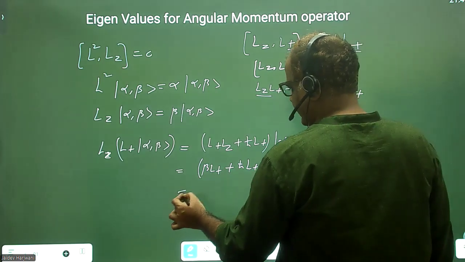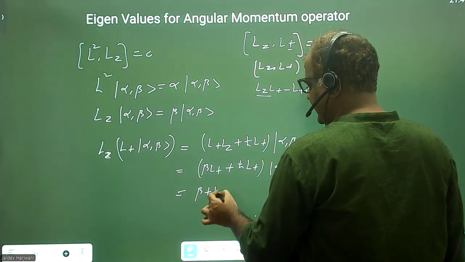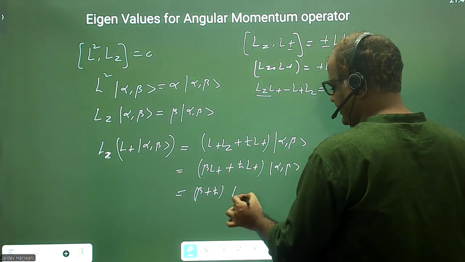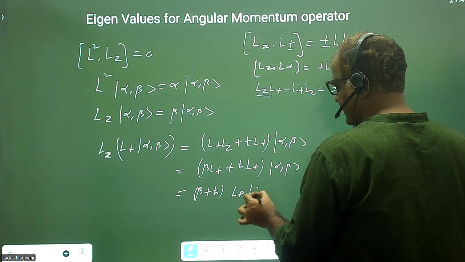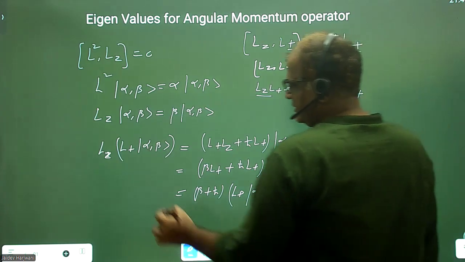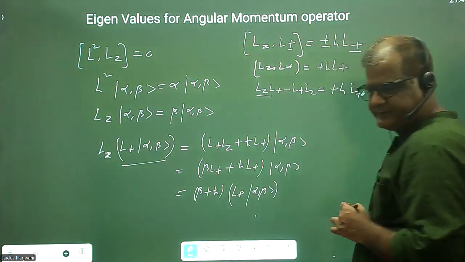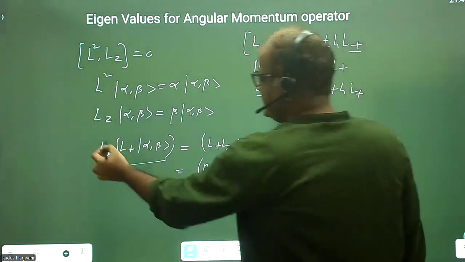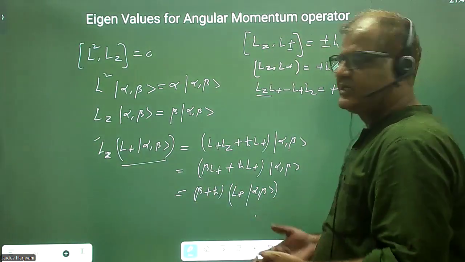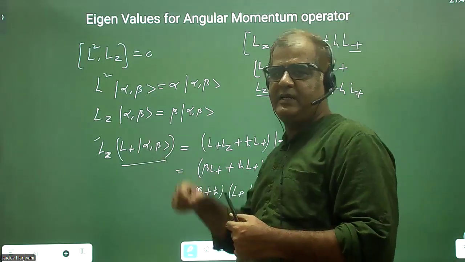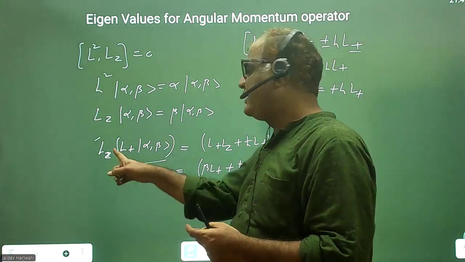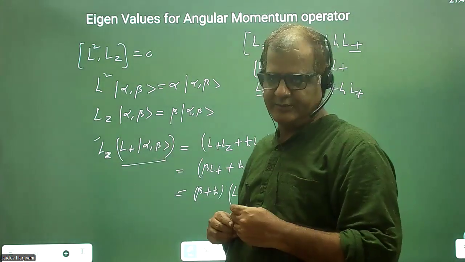I can write this as beta plus H cut times L plus alpha beta. That means this state is an eigenstate of Lz with eigenvalue beta plus H cut. So the operation of L plus on alpha beta increases the eigenvalue of Lz by H cut.